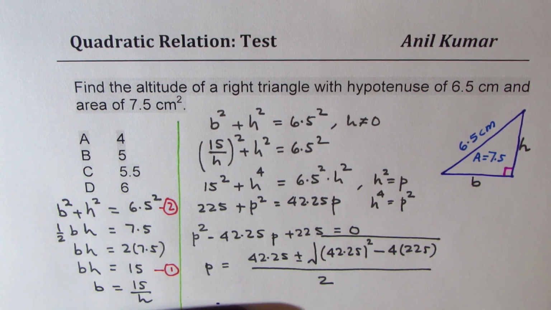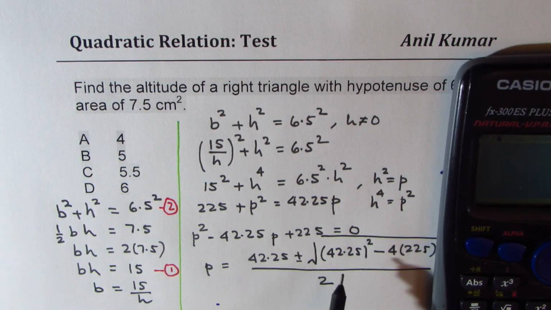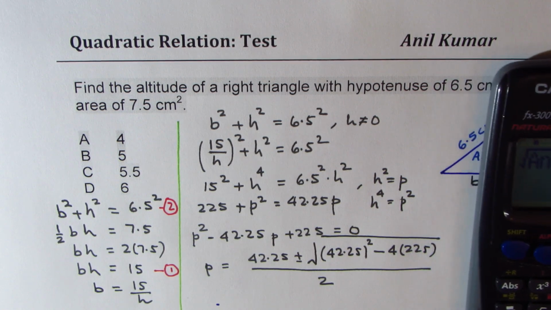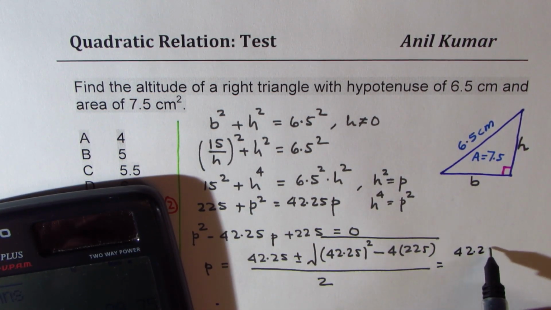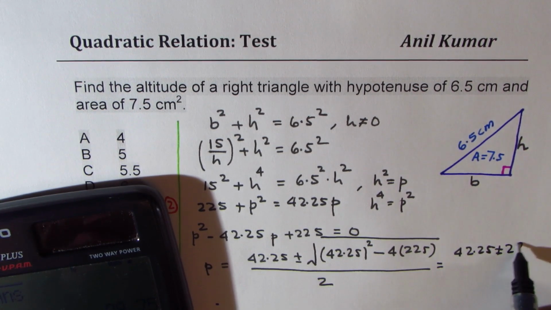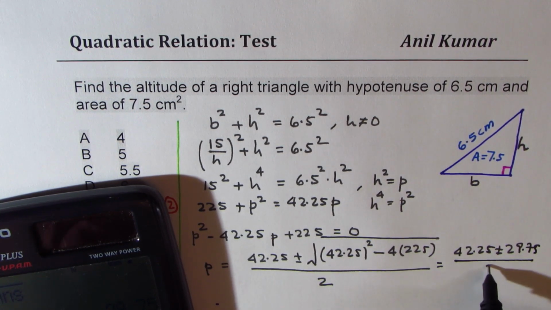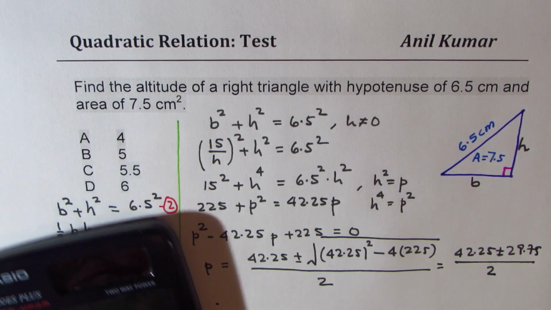Let's calculate the one inside the square root, which is 42.25 square minus 4 times 225. That gives you some number. Let's find the square root of this, which in decimals is 29.75, right? So we get p equals 42.25 plus or minus 29.75 divided by 2. So there are two possible answers.